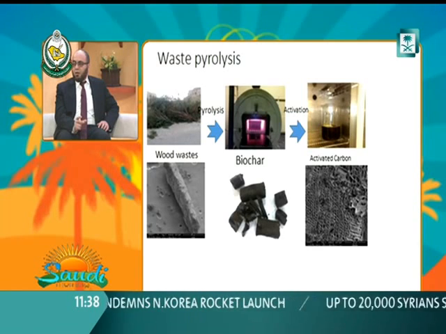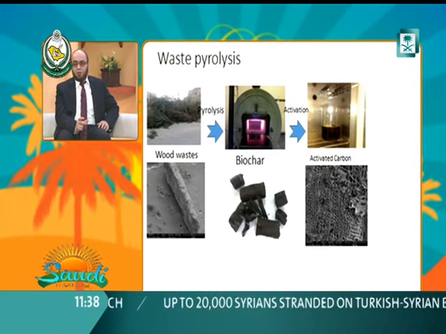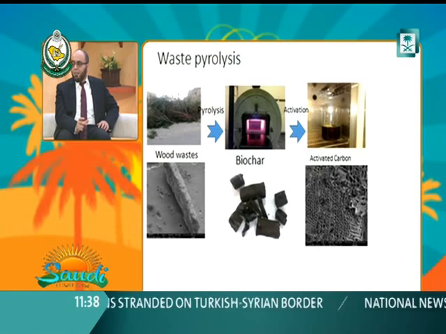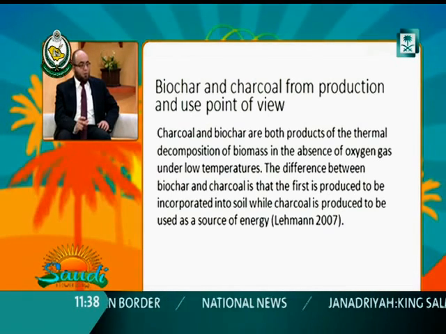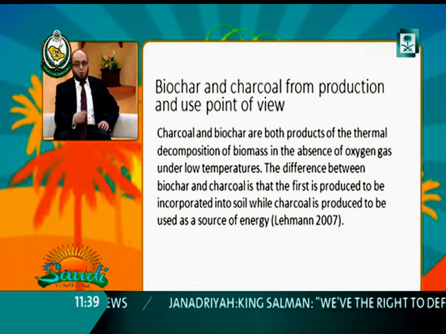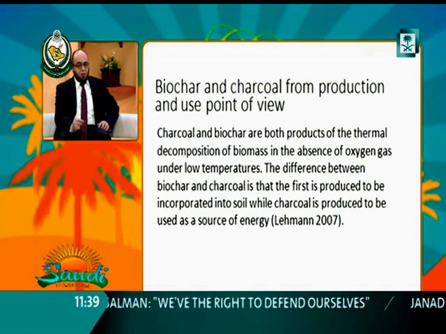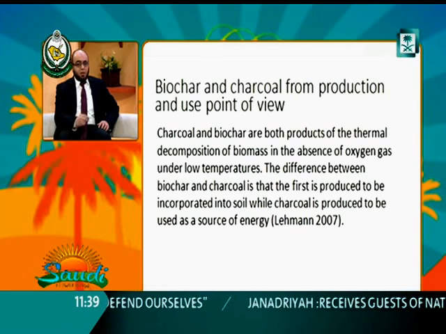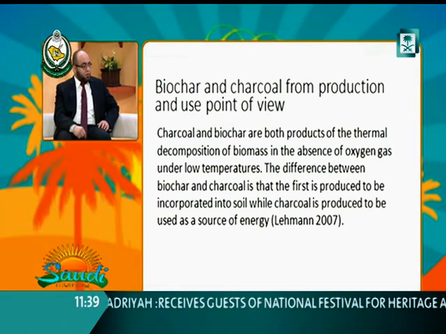We put them in a chamber, or in a muffle furnace under high temperature, for example 400 degrees, and then we get different products. We get what we call biochar, which is our main product, but there are also some other byproducts called syngas and bio-oil.